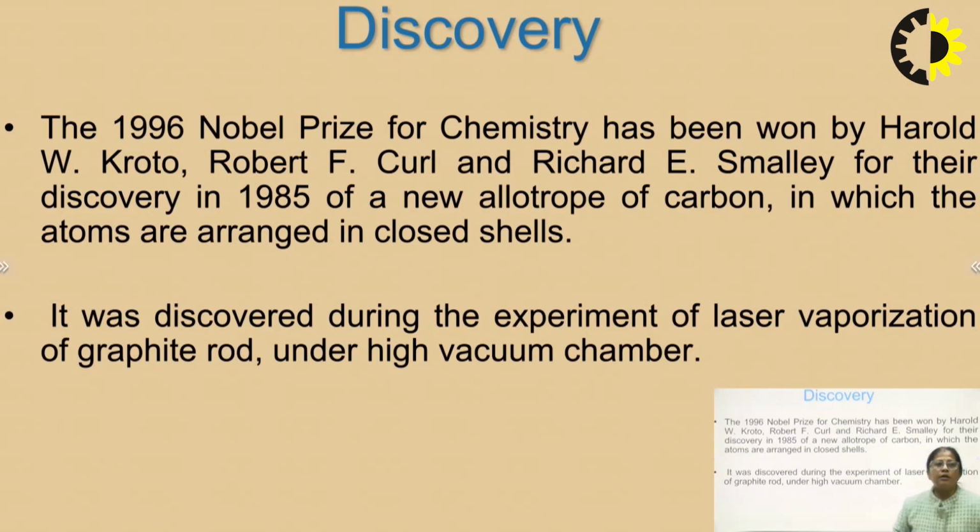Now this fullerene was discovered in the year 1985 by Smalley and Kroto at Rice University, and they got the Nobel Prize also. It was discovered during the experiment of laser vaporization of a graphite rod in a high vacuum chamber.